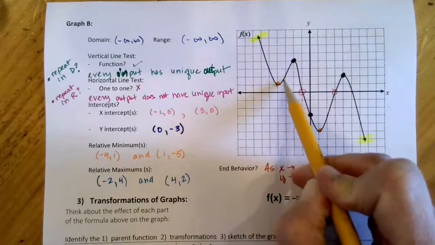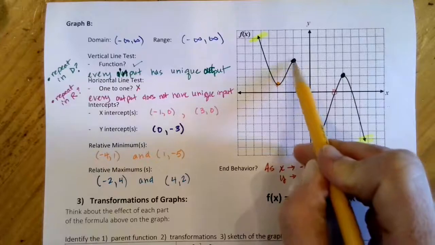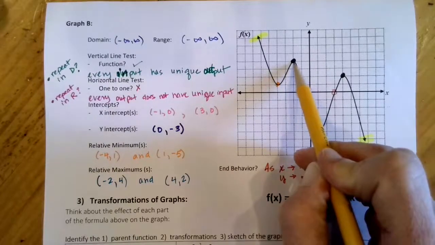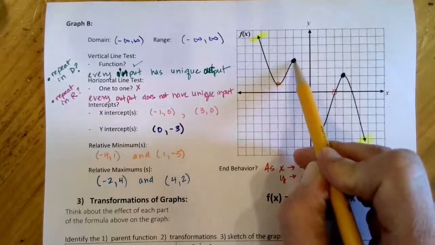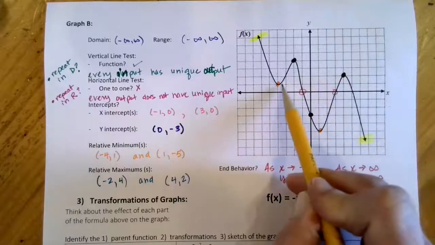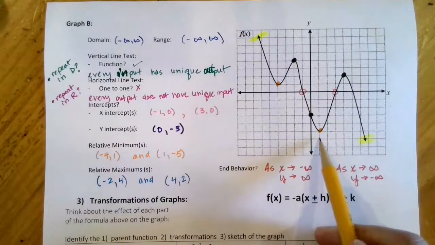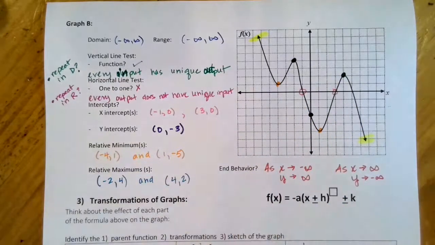It's like a little valley. If I come up to a hill here, this is my local maximum because both points on either side of it are lower or beneath it. So I have 2 local maximums and 2 local minimums, and I can list them as such.